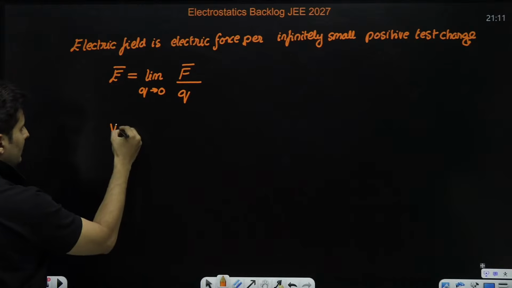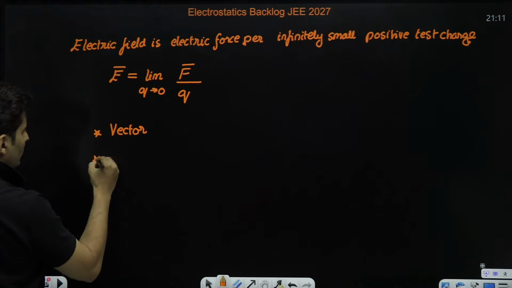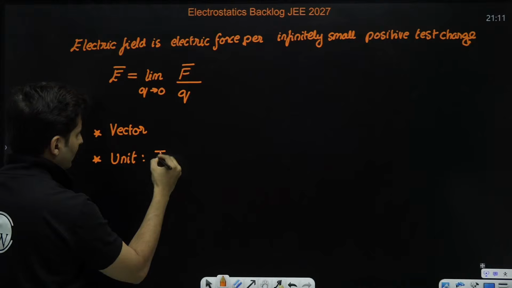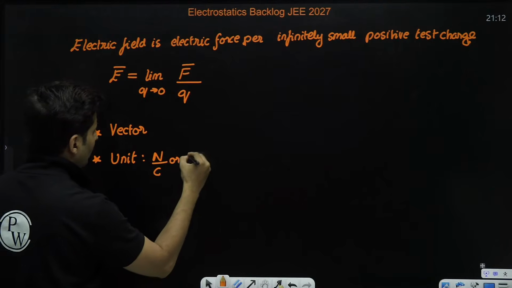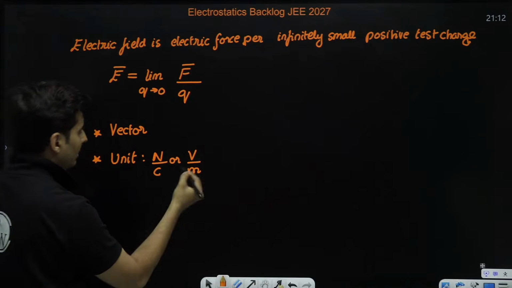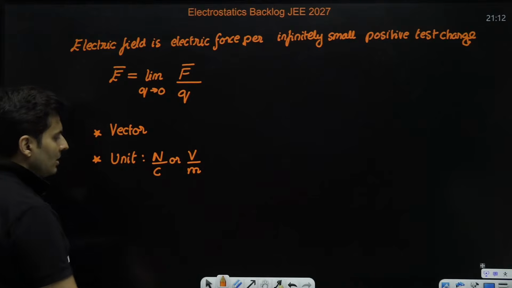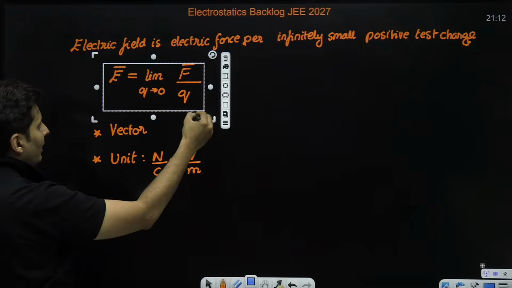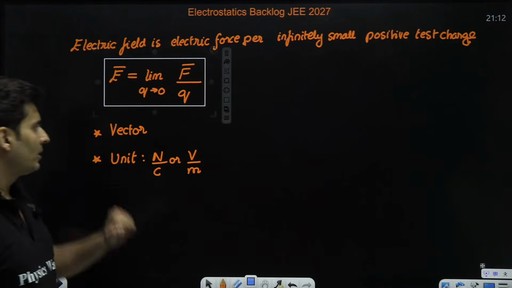Like I said, it is a vector quantity. Also, the unit, right now you are saying it is Newton per Coulomb. Later on you will also see there is one more unit which is called volt per meter. That is also fine, later on you will see why it comes. But for now this much is okay. So this is the true way in which you write the definition of electric field, which is force per unit charge.